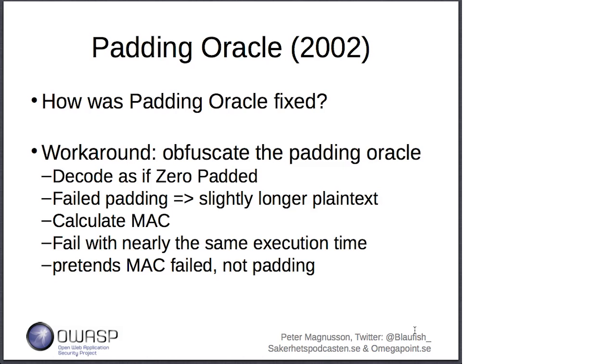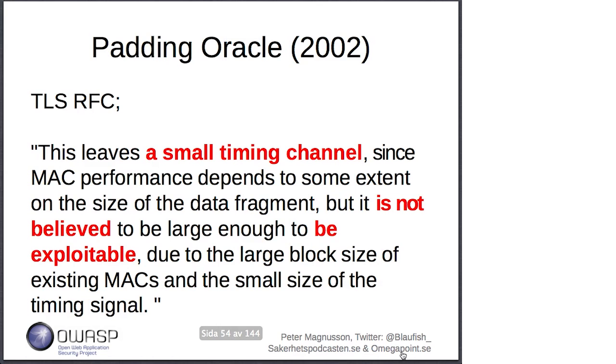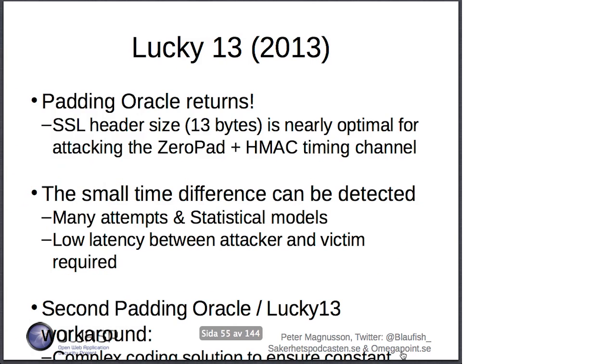So they're doing some clever things here. And this is what the specification said: this leaves a small timing channel, but it's probably not exploitable. And this year, yeah, it is exploitable.